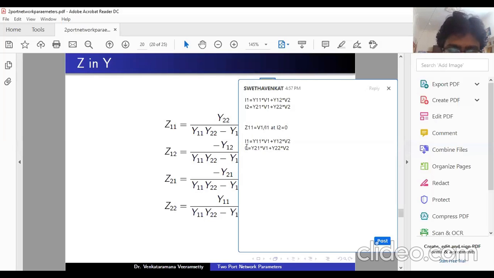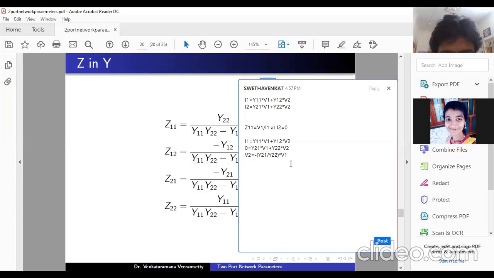By using the second equation. From this equation, V2 equals minus Y21 by Y22 into V1.